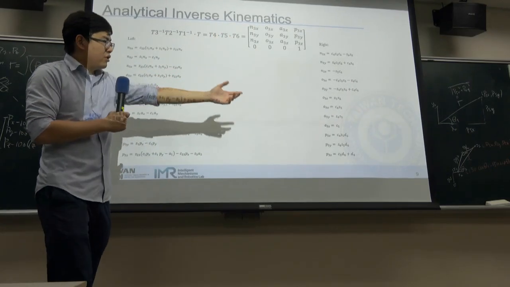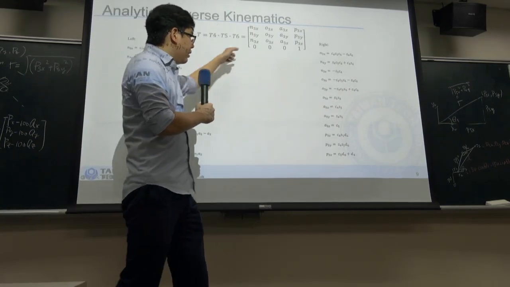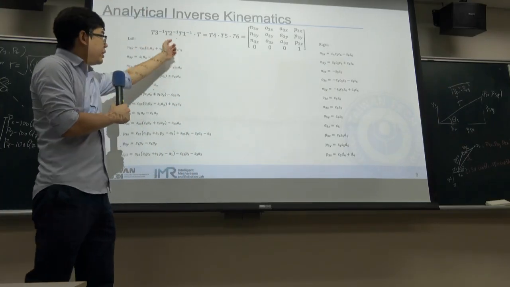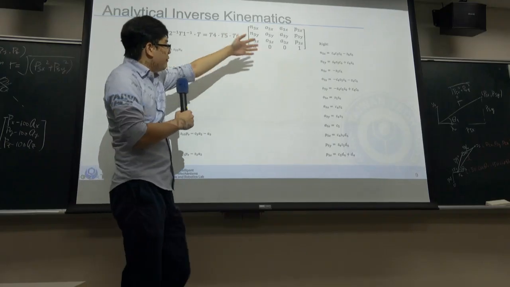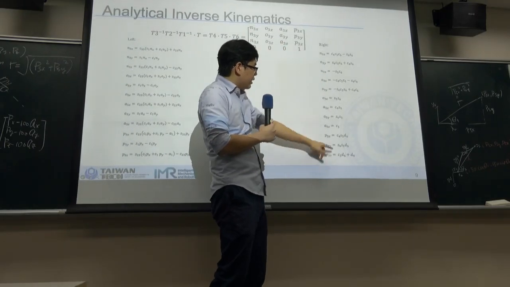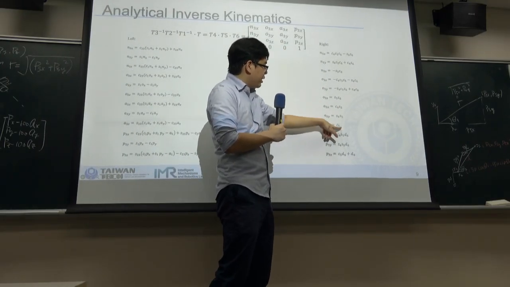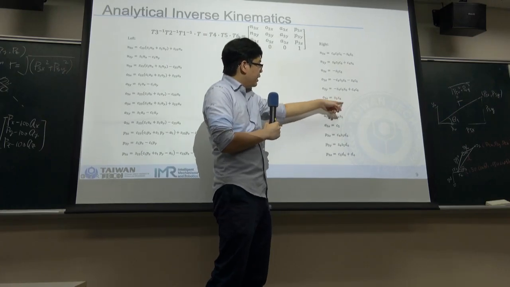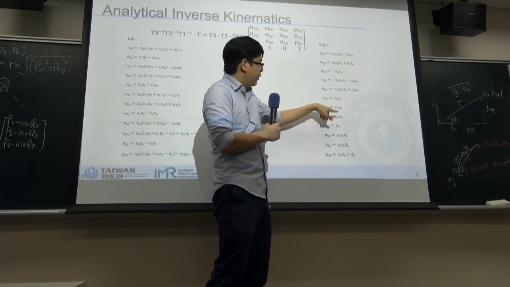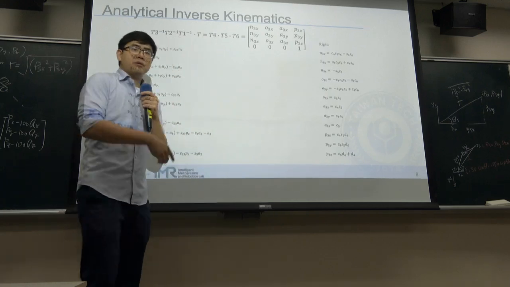So if you use the geometric method to solve theta 1, theta 2, and theta 3, all these will be known values. So the only variables left will be in here. And it's very easy: you can find theta 5, and once you find theta 5, you can find theta 6 and theta 4. So this is how you solve it.